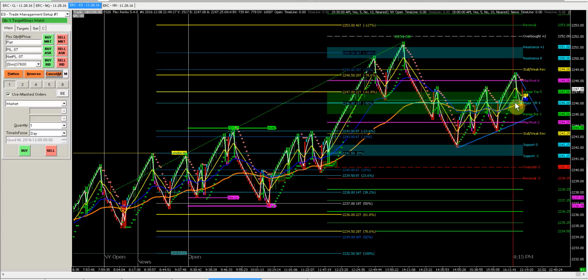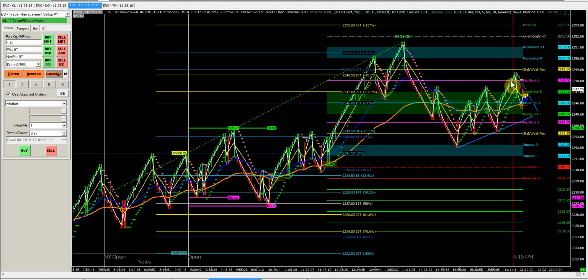I would have taken one contract off here for the long and moved my stop to break even plus 2, which would have been here, and price action still never came back down to it. So it's still trending up. I expect it to come back up in here and touch that resistance, which would get me out of that long trade if I was holding overnight.